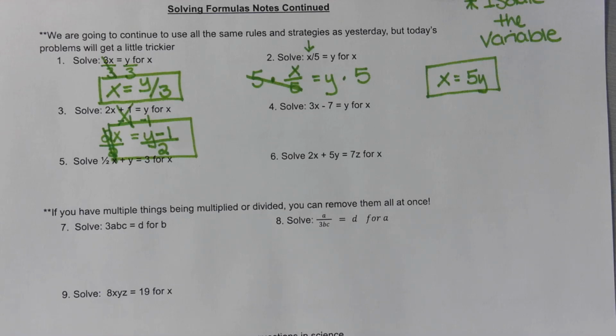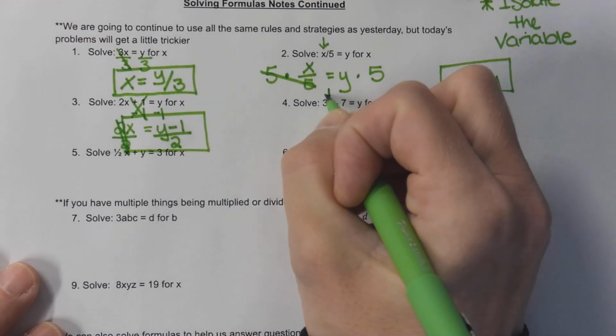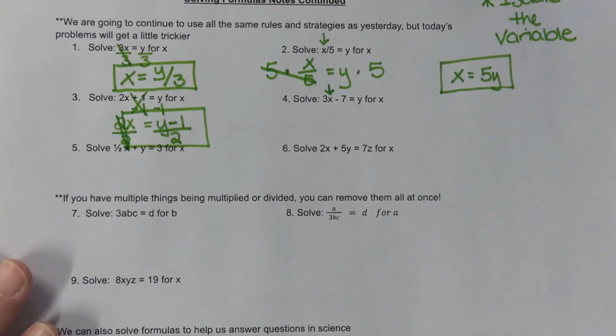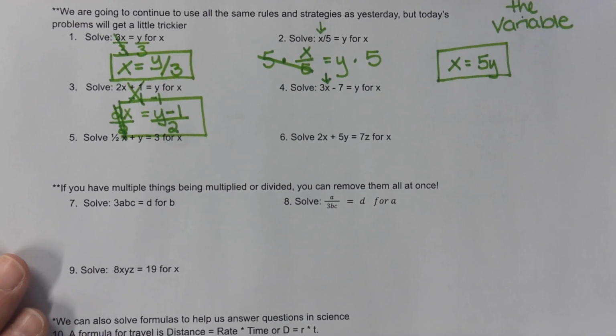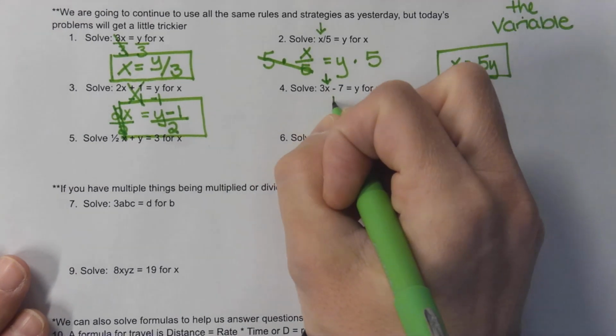All right, number 4. We want to solve for x. Here's my friend x. Ooh, this one looks mysteriously like the warm-up. What should we do first? Add the 7.